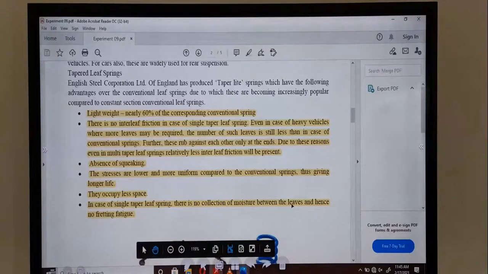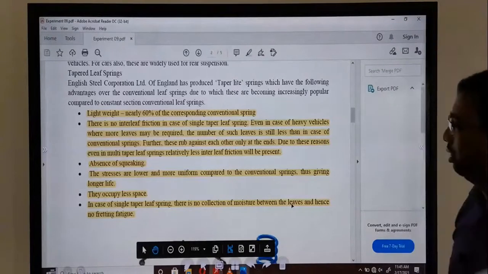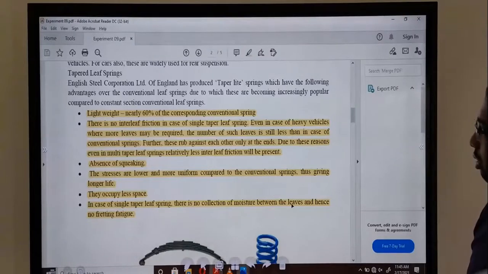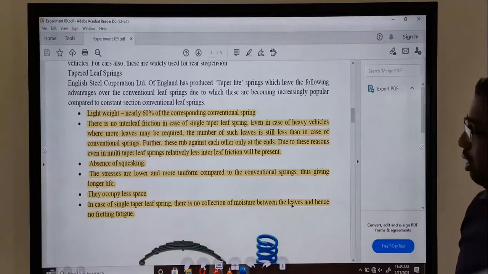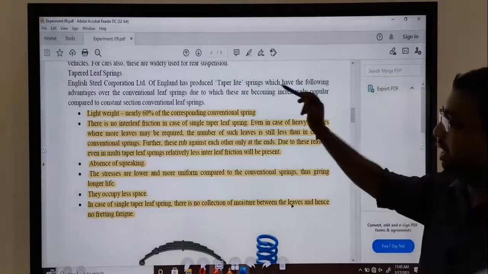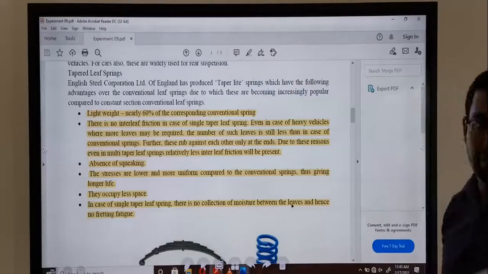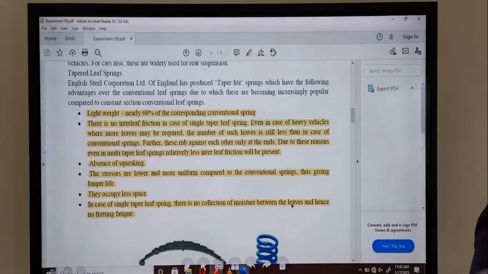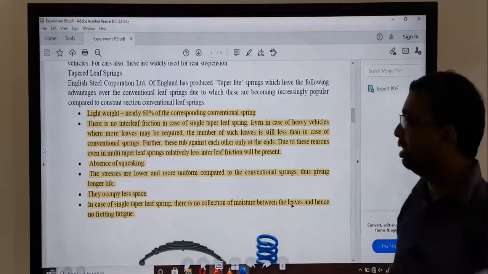So here, what are the advantages of tapered leaf springs over other suspension systems? First is lightweight.